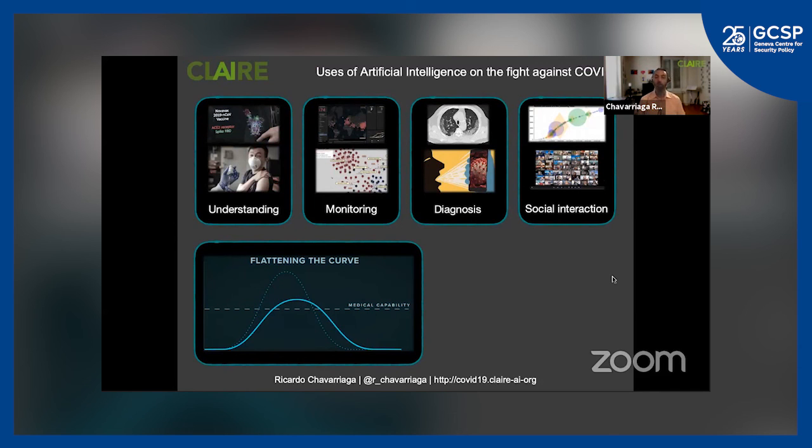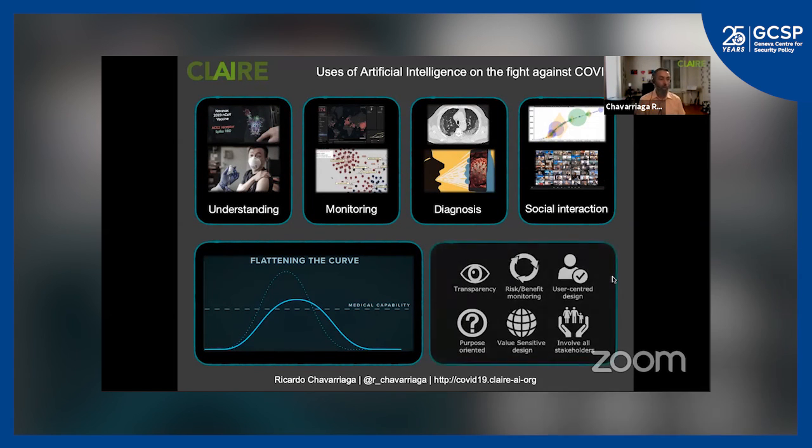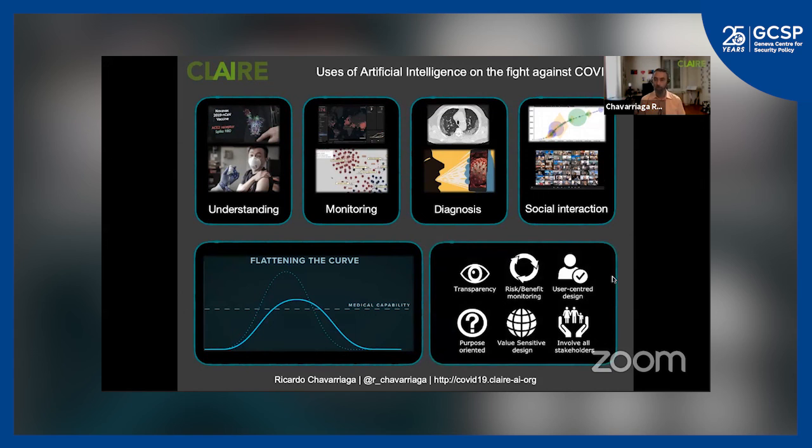So how can we develop this kind of techniques is, of course, a huge question that many people are posing themselves. And as Clarissa mentioned, one cue is the involvement of different stakeholders.